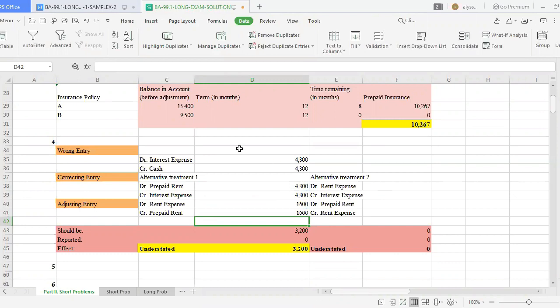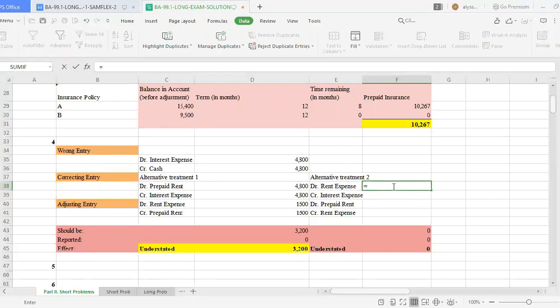On the other hand, so after doing the wrong entry, you can debit, instead of prepaid rent, you debit rent expense. So that's also 4,800. So at the end of the year, you need to recognize prepaid rent, since there is a portion of that 4,800 in which you haven't used yet.